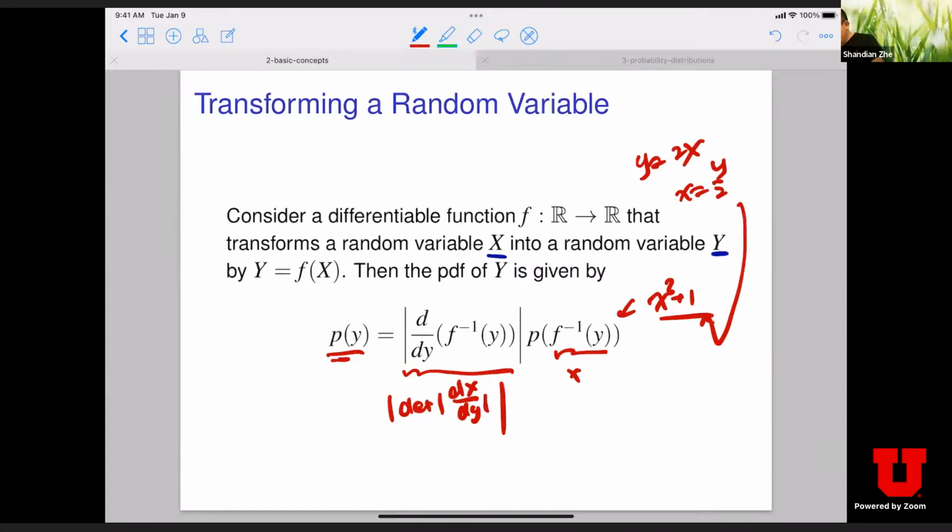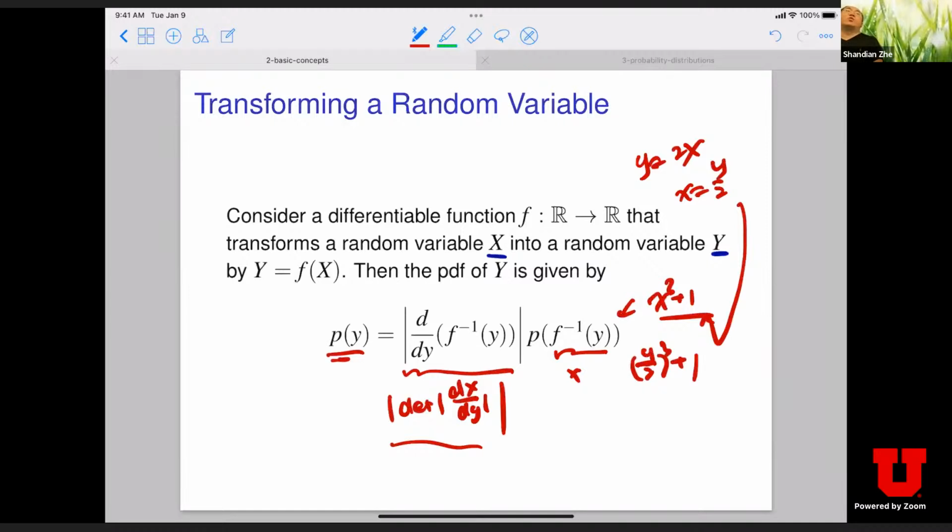So this one becomes half y squared plus 1. And then you multiply by the Jacobian, that is, the gradient of x with respect to y. You calculate the Jacobian, calculate its determinant, take the absolute value, multiply, and you get the density of y.